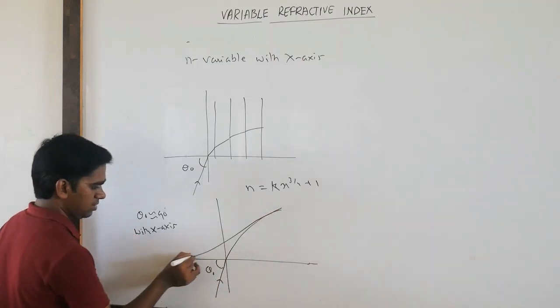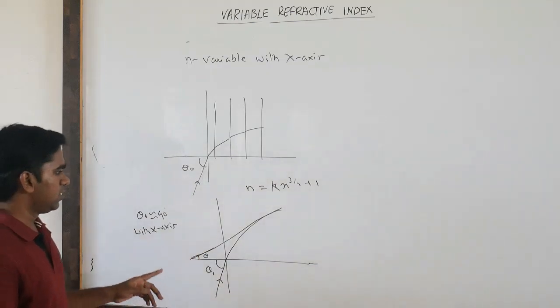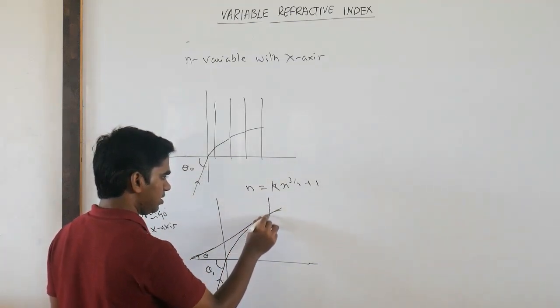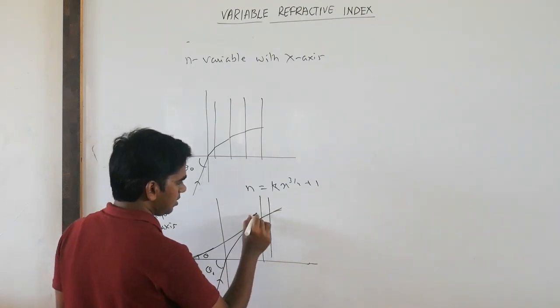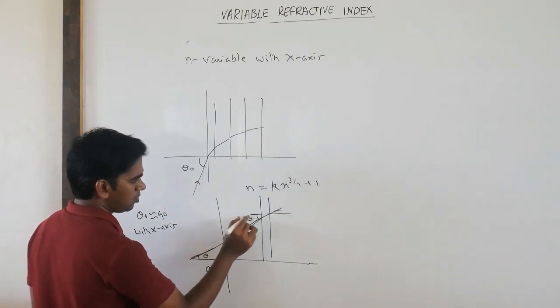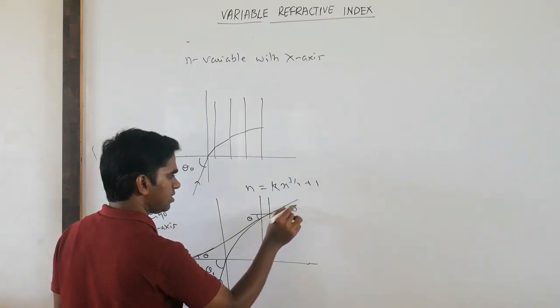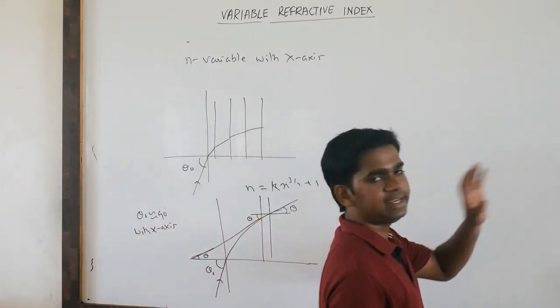If you draw the tangent, you will get some theta here. If this is theta, I will take a small part here. If I take this part, you draw the normal here. If this is theta, this is also going to be theta. If this is theta, your angle of refraction is also theta. In the last case, the angle of refraction was 90 minus theta.